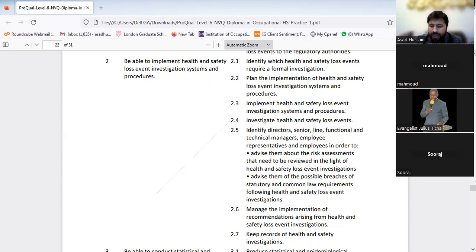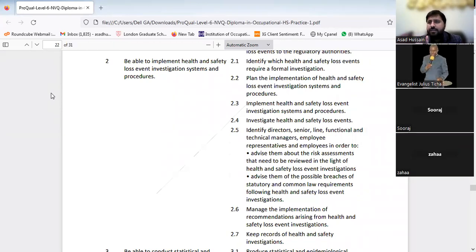So here we have the first one, identify which health and safety loss events require a formal investigation. As all of you know very well, there are different levels of investigation.